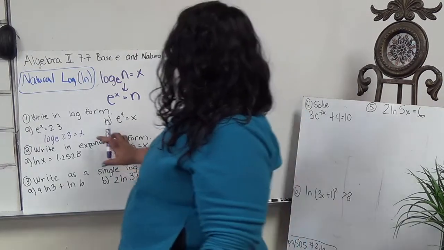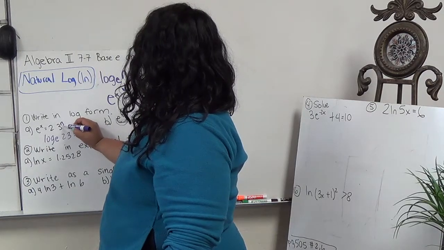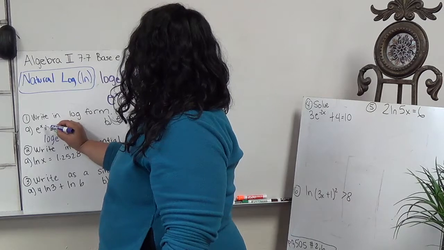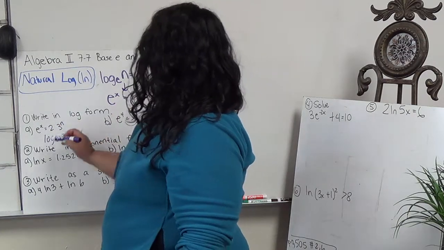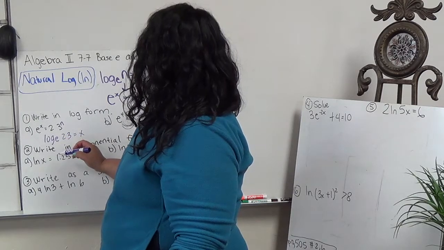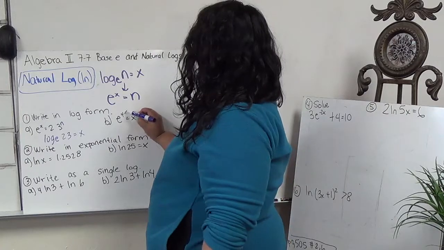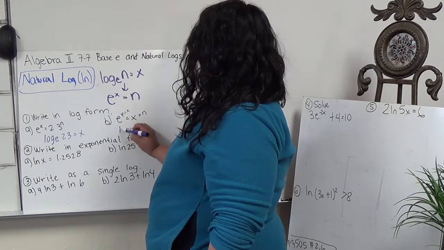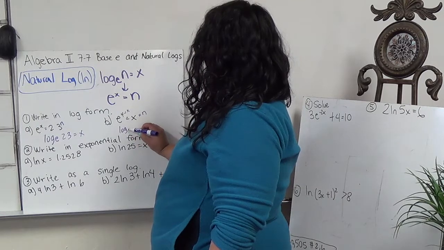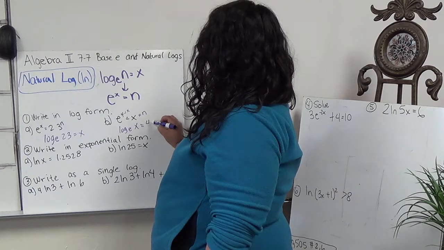This is n, and this is x. So 4 is x, and x is n. So this is log e of x equals 4.